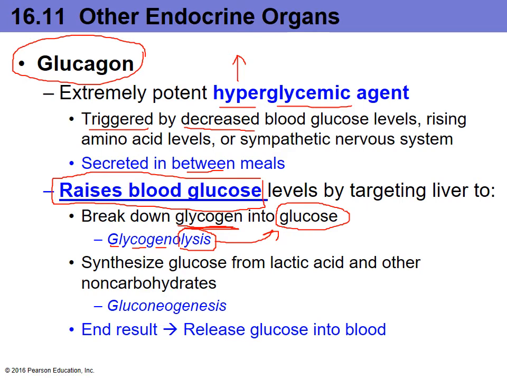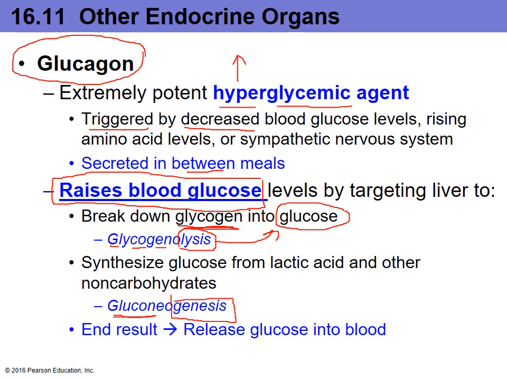The other option is to go over to a non-carbohydrate source. So you can go over to an amino acid or a fat-based source, and you can basically synthesize glucose from those sources. When you use a non-carbohydrate source, an amino acid or a fat-based source, to make glucose, we call it gluconeogenesis. Gluconeo, hence towards the glucose, genesis means to create.